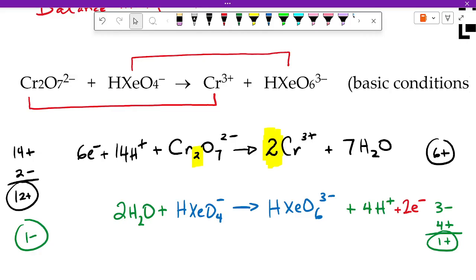Why you have 6? Wait, 6 electrons? Yes, that's correct. No, you're ending the 2. That's all right. And then you multiply this by 3.